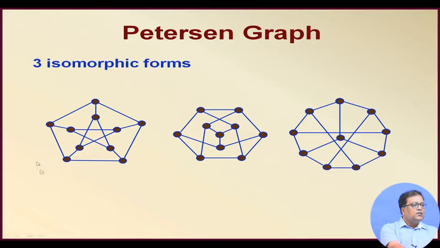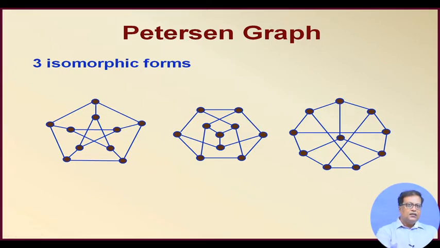Petersen's graph also has isomorphic forms, right. You can look at this slide again and again, and try to put numbers on those 10 vertices, the similar labels, like A, B, C, D, E, F, G, H, I, J. Put the same labels in these graphs also and see that they have the same incidence.